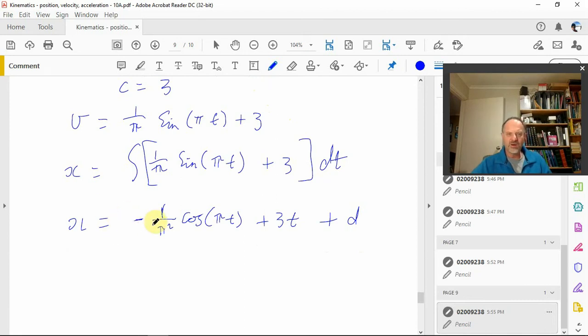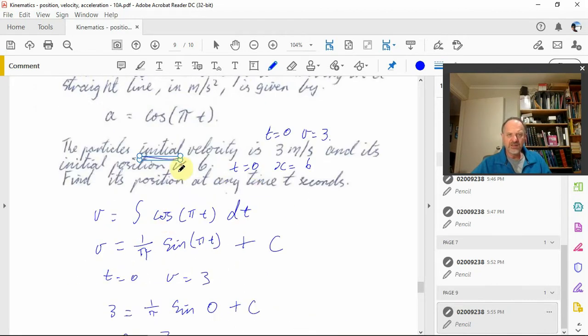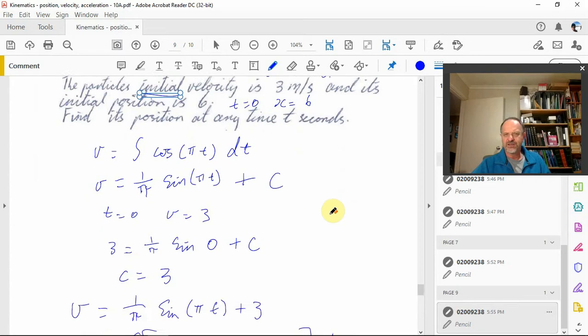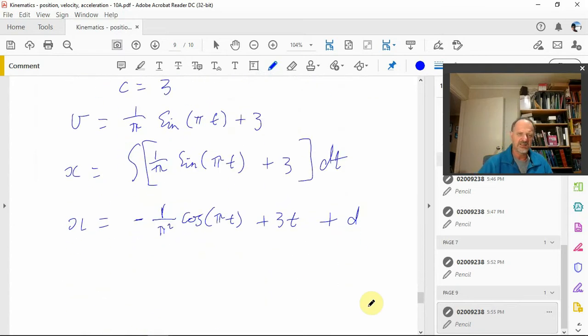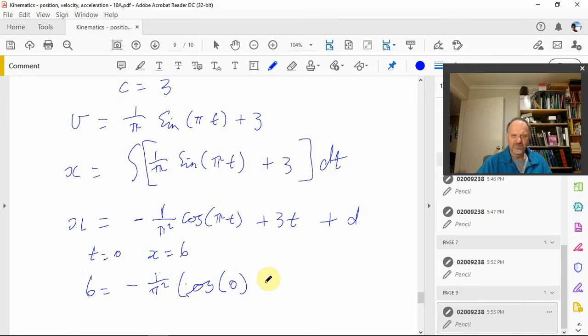And what were we told? We were told that the initial position is 6, so t equals 0, x is 6. So 6 equals negative 1 over pi squared, cos pi times cos of 0 plus 3 times 0 plus d.